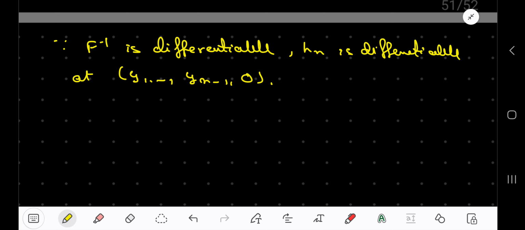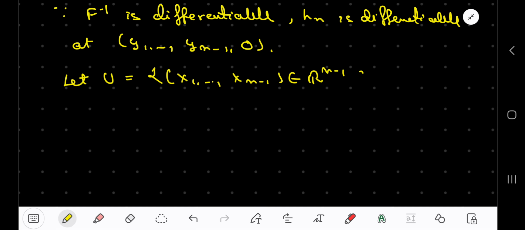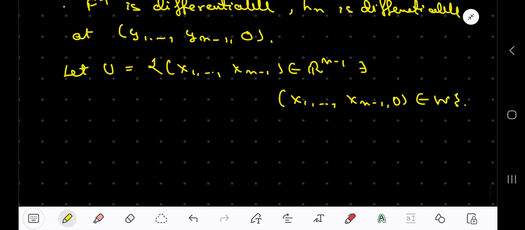So now all we require is to have the open set U, nothing else. So we just construct U. Let U be the collection of all the n minus 1 tuples in R^(n minus 1), such that this element with 0 appended is in W. Now U is clearly open.